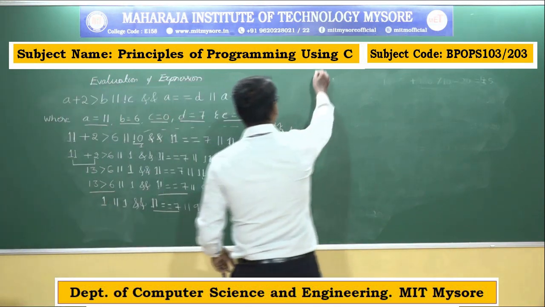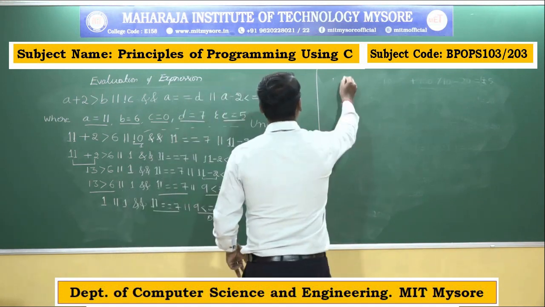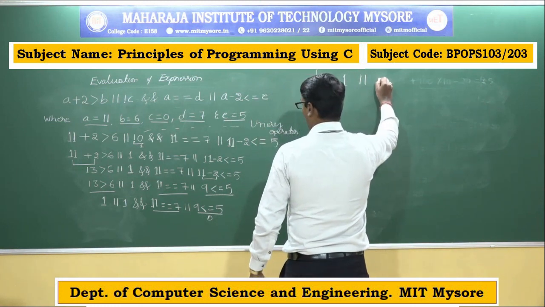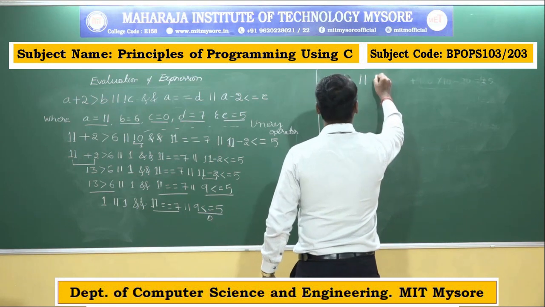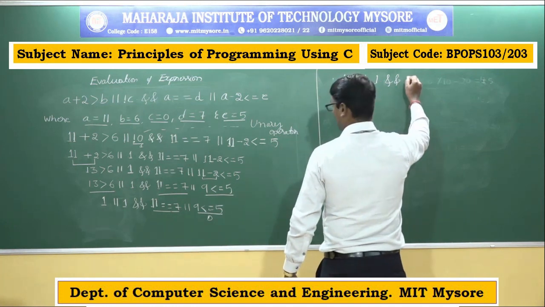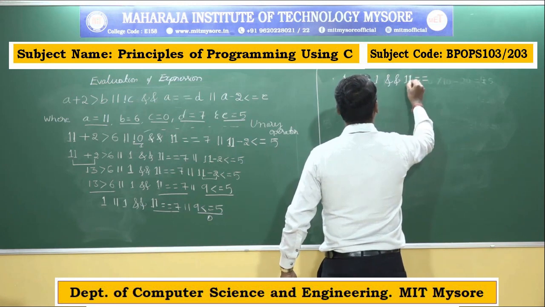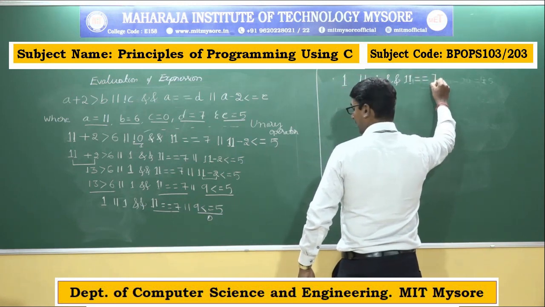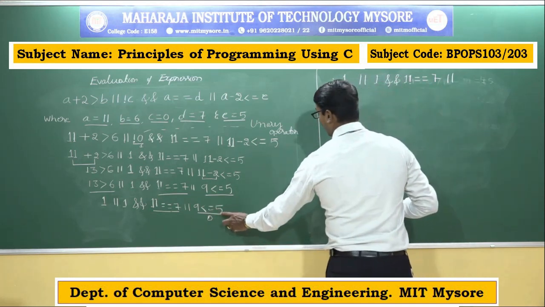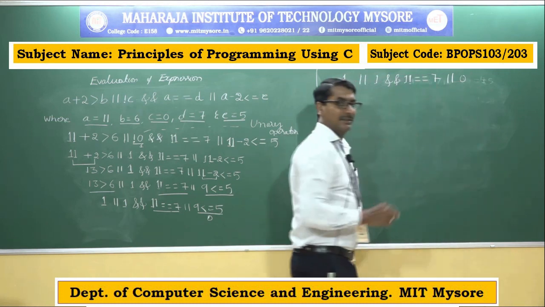So, after evaluating this expression, the result will be 1 or 1 and 11 equal 7 or 9 less than or equal to 5, condition is false. So, this will be 0.